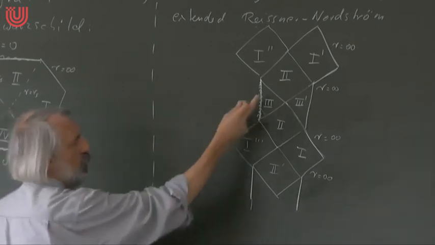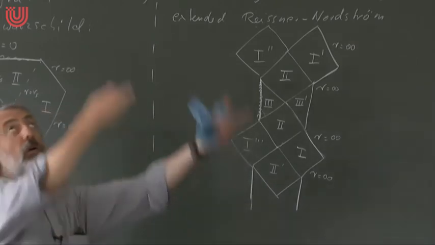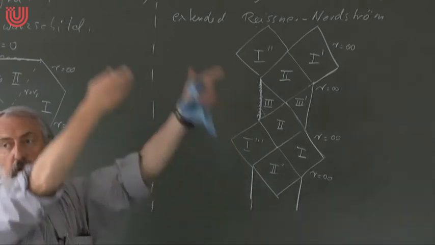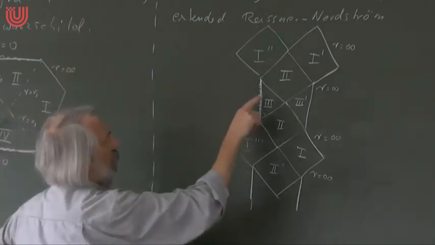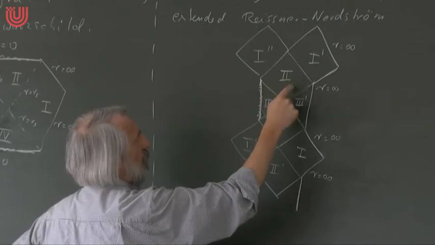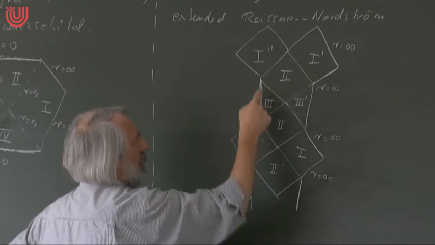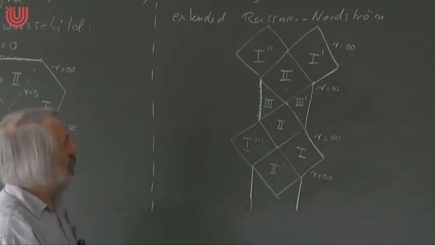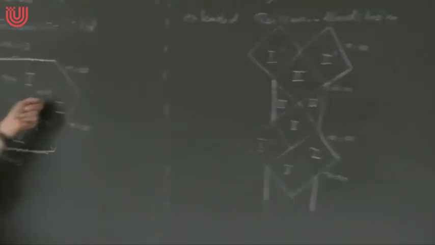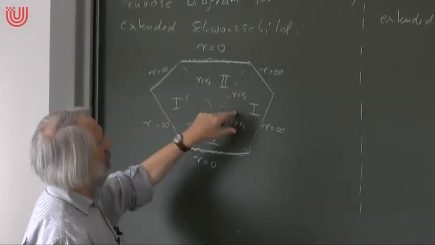Now I discover this new horizon, which in the old diagram was at the top, at t prime equal infinity. Yeah, up there. So I have now the possibility to move in this direction. And an observer who's living here or here, he would say, this is a white hole. Yeah? Because everything comes out of it. It's very similar to this situation here. It's absolutely not similar to this situation.